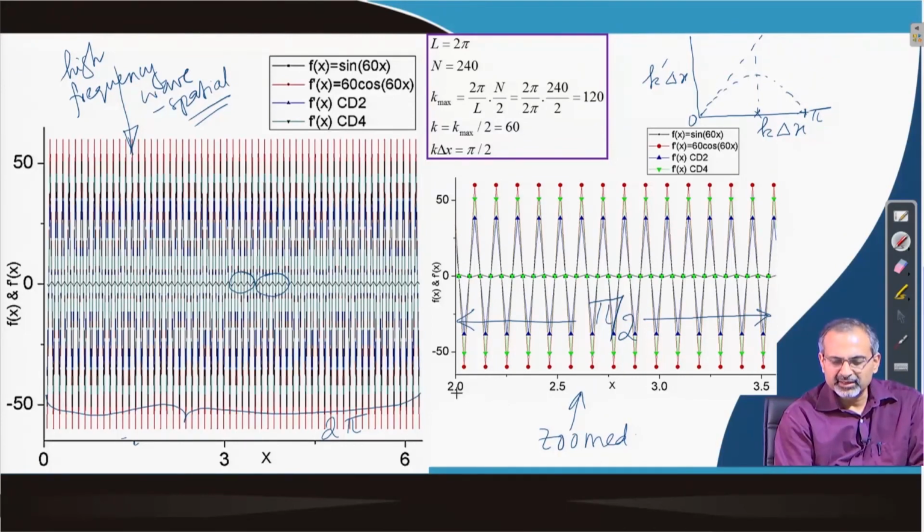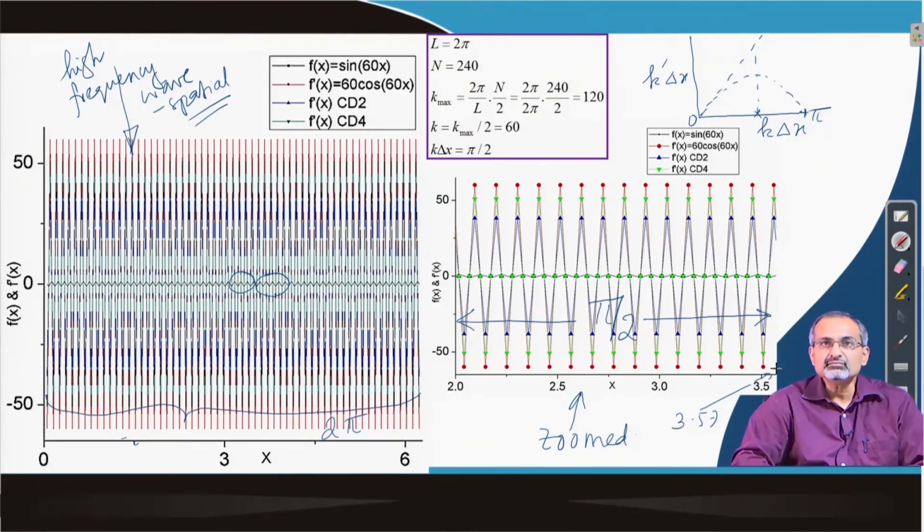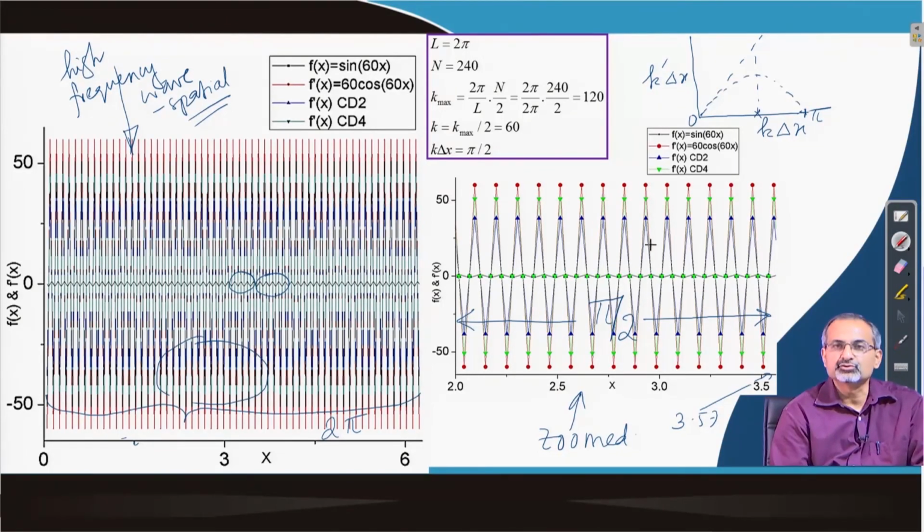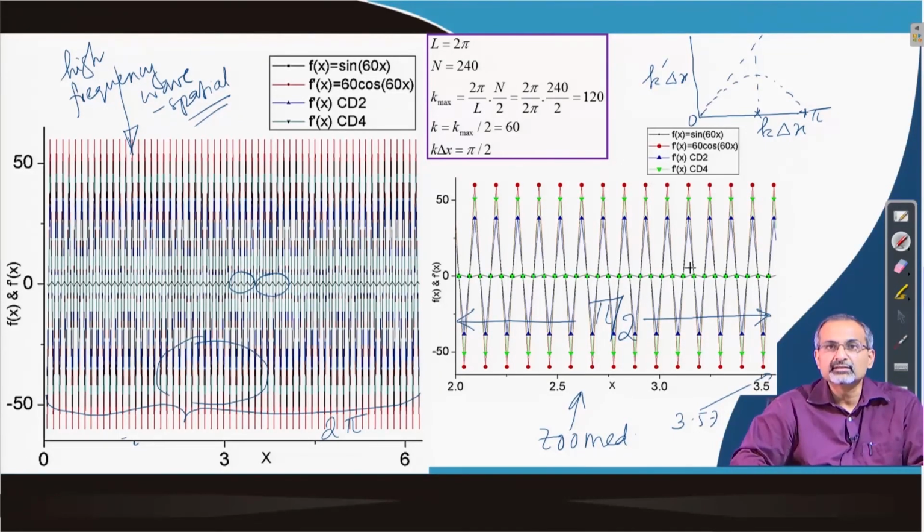So, that is the span between 2 and say 3.57, that is the range which we have chosen for plotting the wave. So, it would be somewhere in this range that you have expanded it and shown it here. You can make out that more wavelengths have now got accommodated in this pi by 2 width.